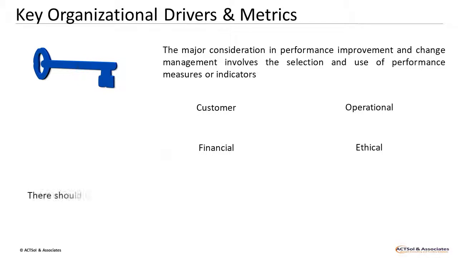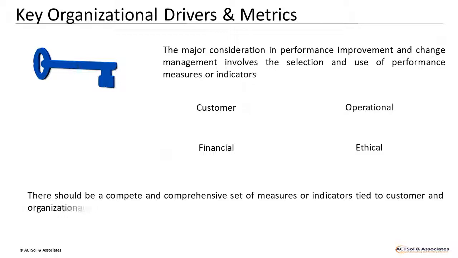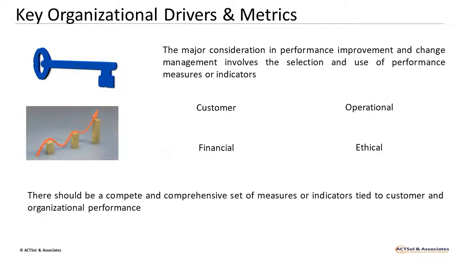A complete and comprehensive set of measures or indicators tied to customer and organizational performance requirements provides a clear basis for aligning all processes with one's organizational goals. This will help in good measurement and motivation to perform better and better, so that the performance enhancement is ongoing and on a continuous basis.